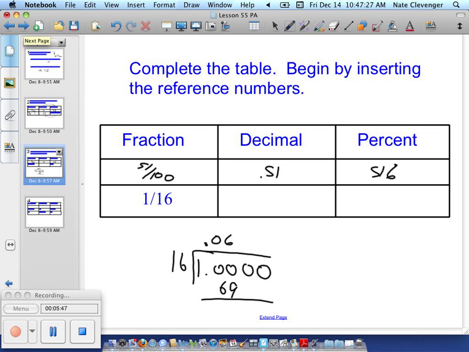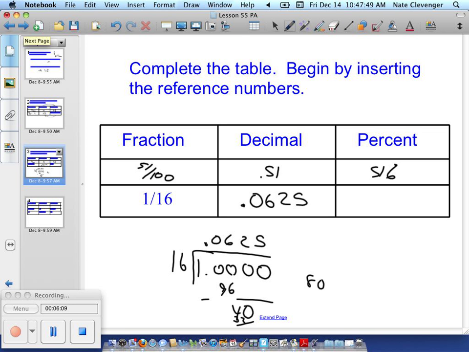And then 90. Trying to go too fast. Slow down. 96. Then 40. 16 will go into 40 3 times would be 48, so that'd be 2. It's 32. And then that gives me 80. And 16 goes into 80 5 times.